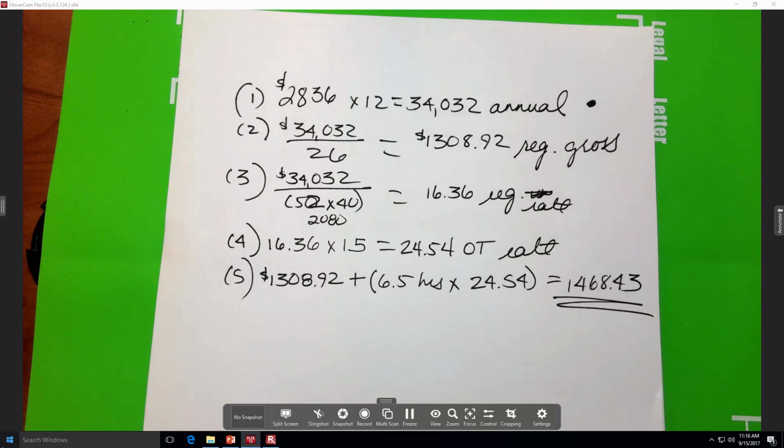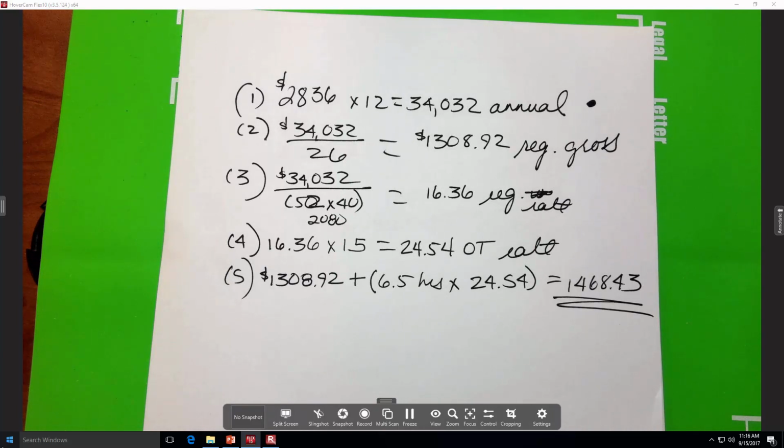So technically, if you quote me a salary for a 35-hour week, if I work 37 hours, what should happen? I should get 2 hours of overtime, but am I getting overtime at my regular rate or time and a half? Regular, because I'm not at 40 yet.